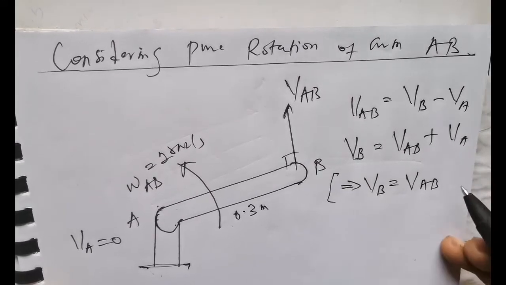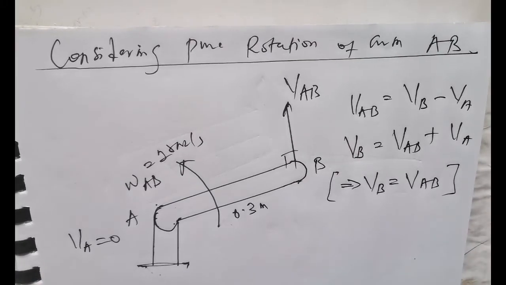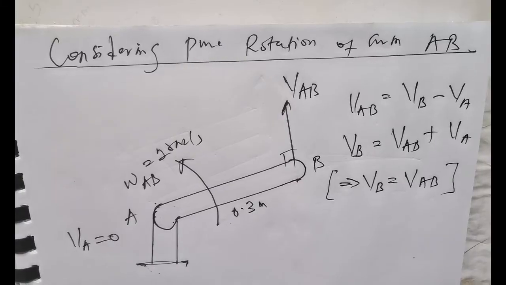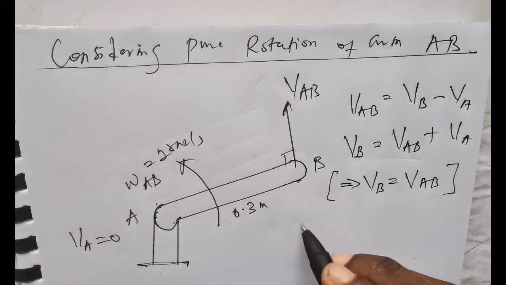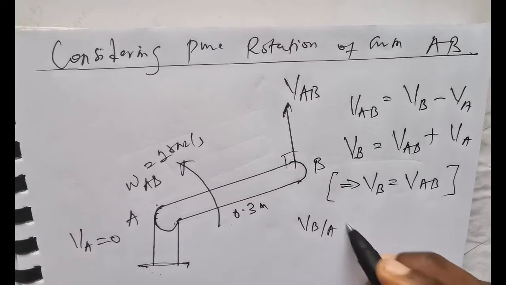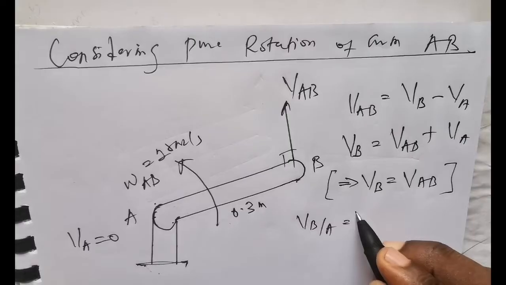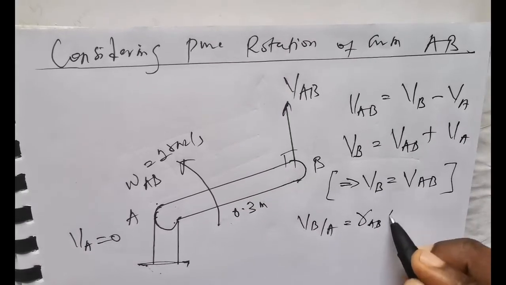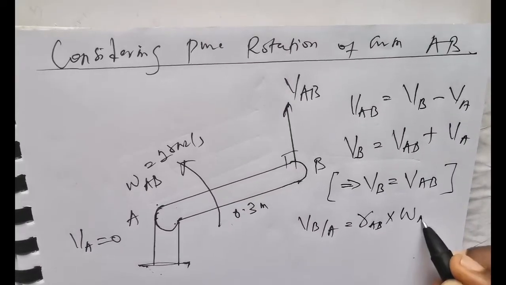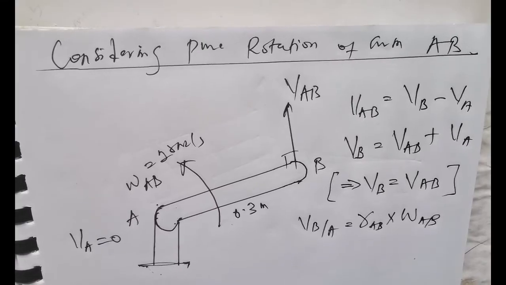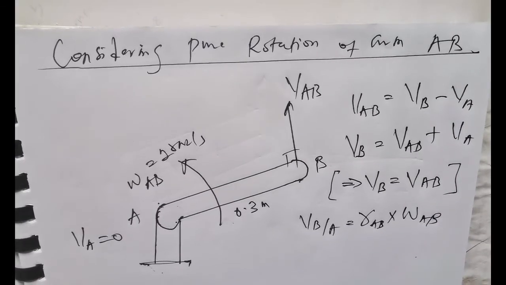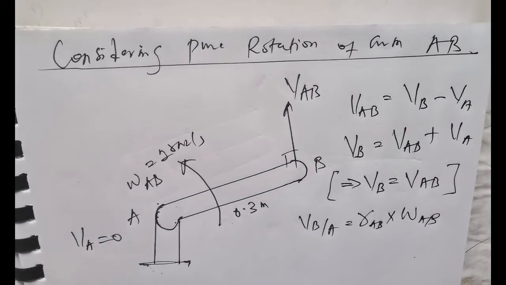So this is our equation, and this is how we find velocity at point B. Now VB relative to A itself is always given as the radius along AB, so the radius of arm AB multiplied by the angular speed of arm AB. That's how you find the relative speed between arm A to B.